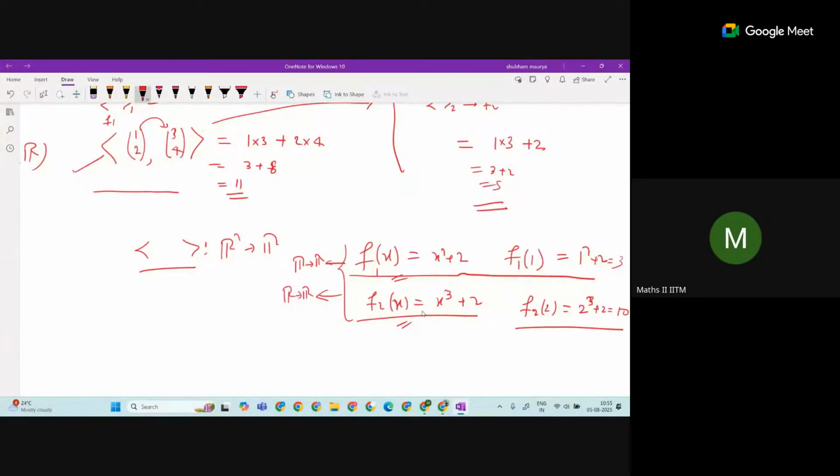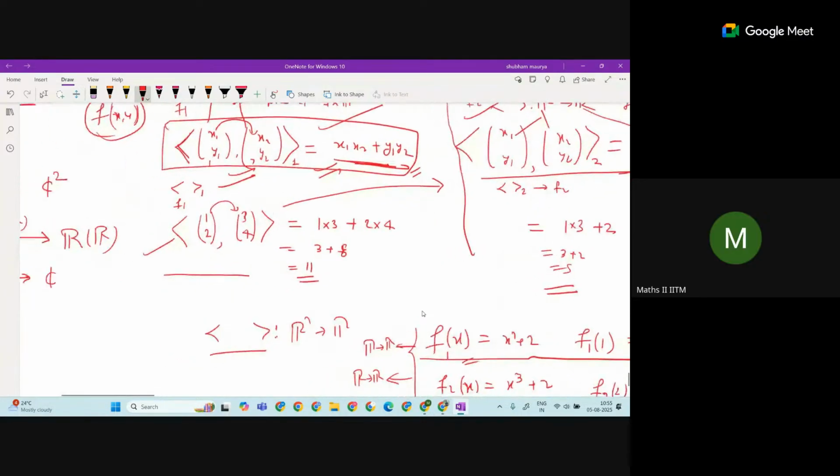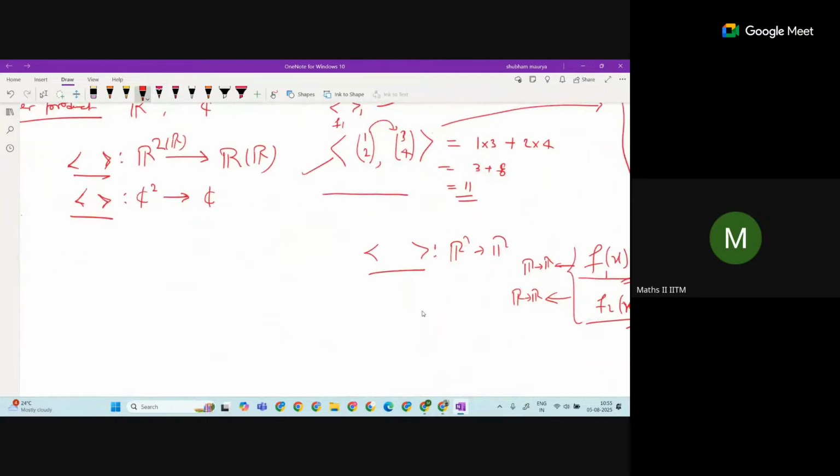So this is actually a bit long definition for inner product. But people used to fear this kind of notation. When I started studying, I used to fear this notation too. Why are there two lines and some angle bracket, and it is defined as some scalar?